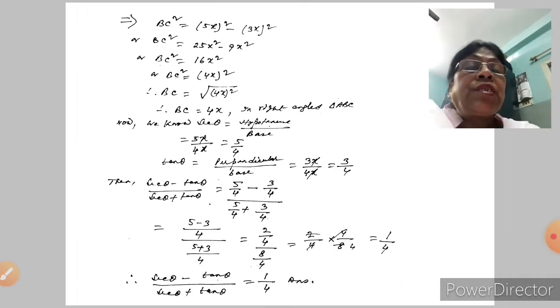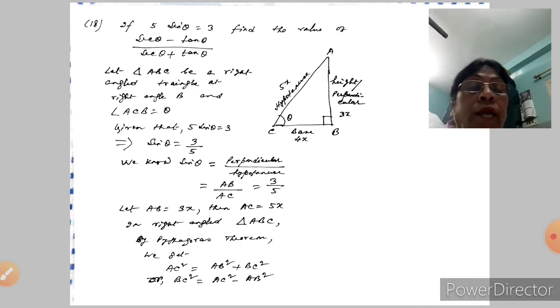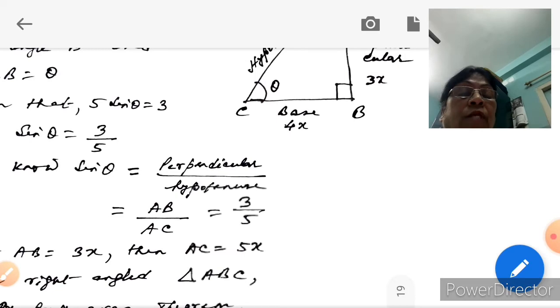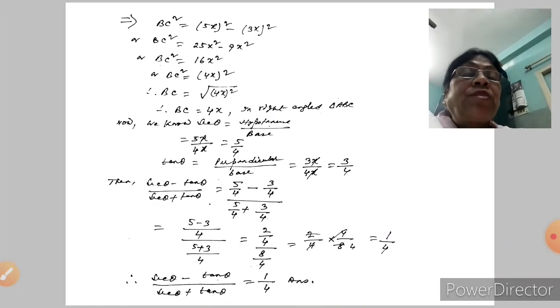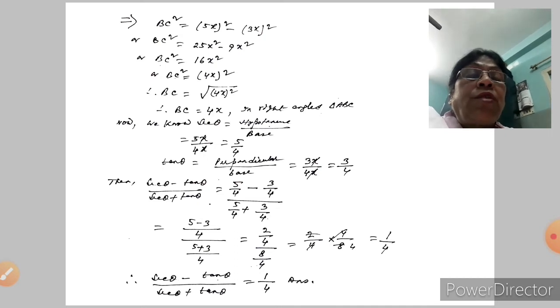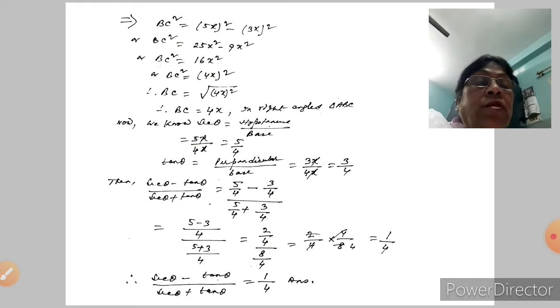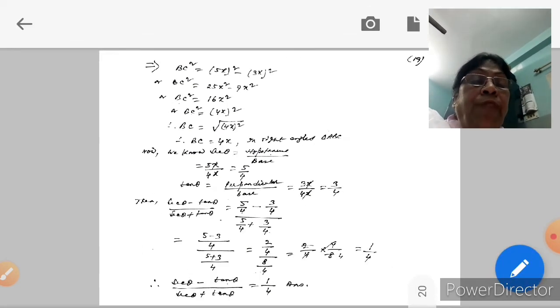So, BC square is equal to, we already know AB is equal to 3x and AC is equal to 5x. So, putting the value of AB and AC we get 5x square minus 3x square. So, BC square is equal to 25x square minus 9x square. We solve it and ultimately we get BC is equal to 4x. In the right angle triangle, now we know sec theta is equal to hypotenuse by base.